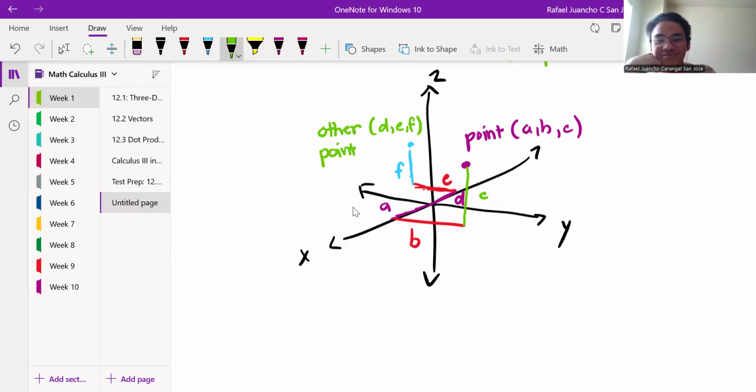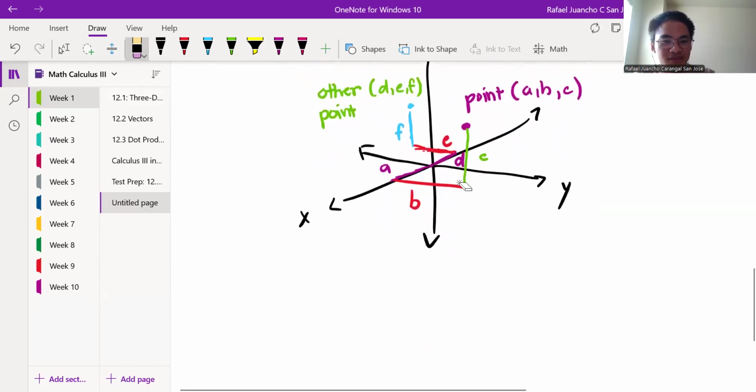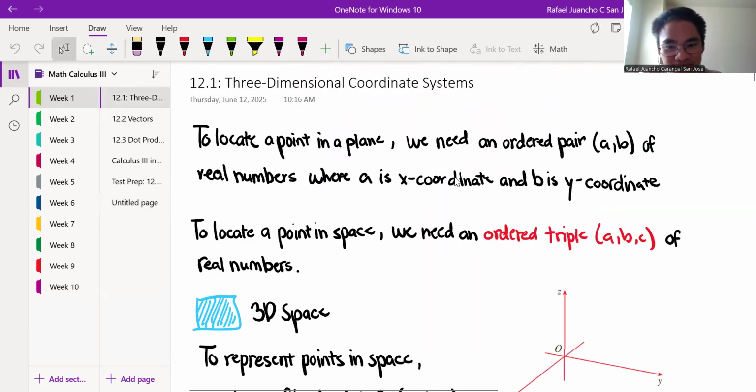So this is the point D, E, F in space, right? So yeah, we can plot more points. It's like a Cartesian thing. We can plot it anywhere. So yeah, that's the idea there.